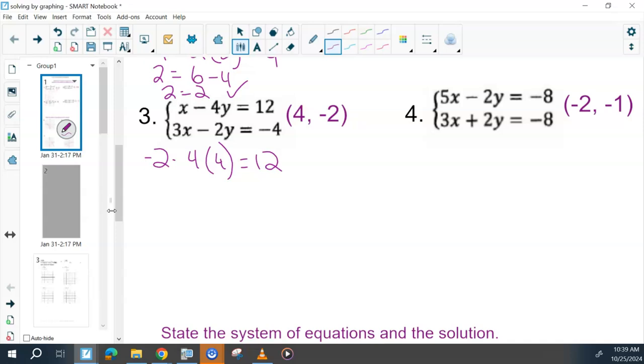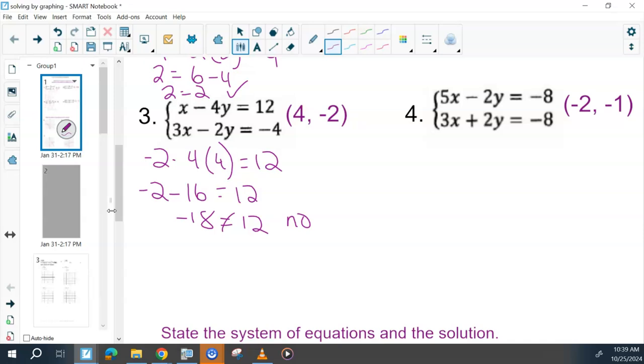Well, this is going to be a -16. Does -2 minus 16 equal 12? No. It's going to be -18. So because it already doesn't work for one of them, it's not going to work for the other.